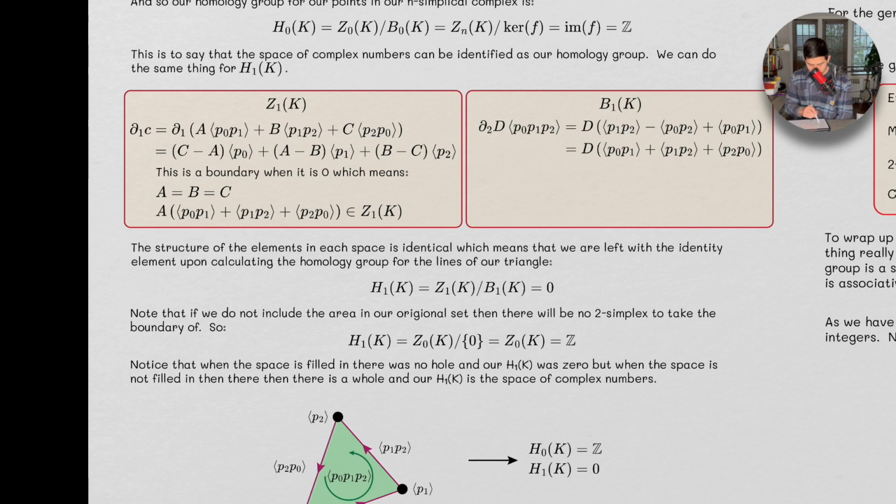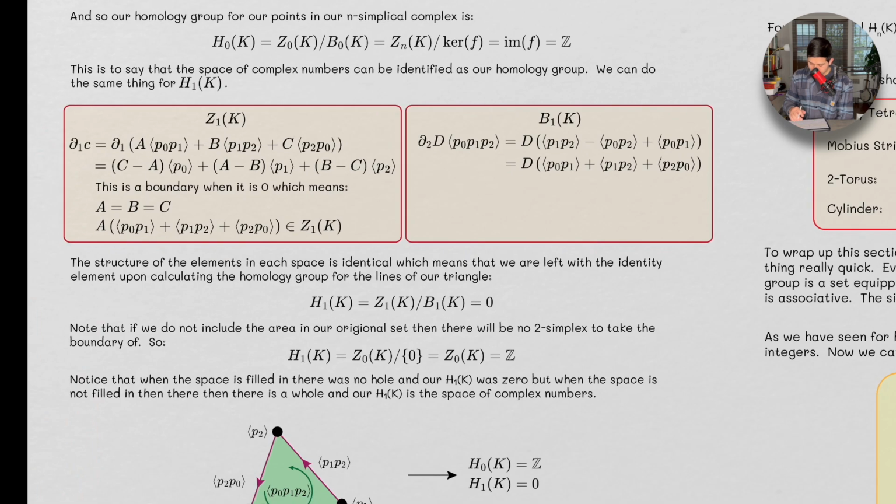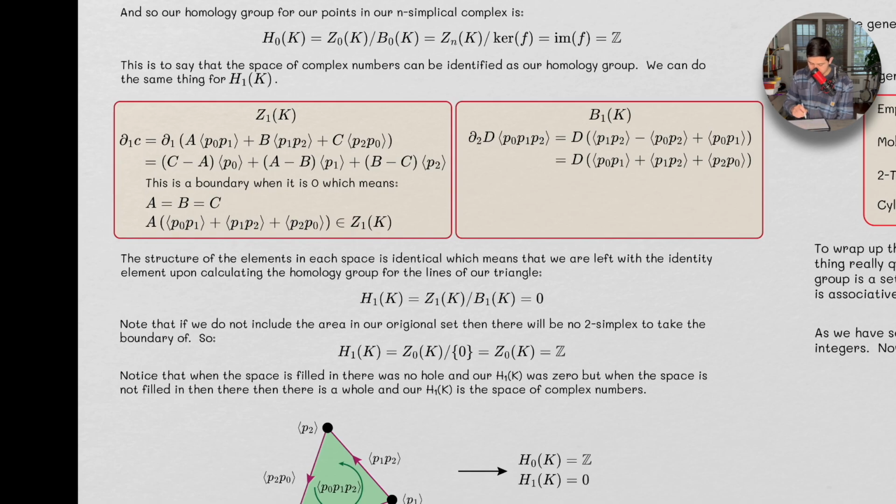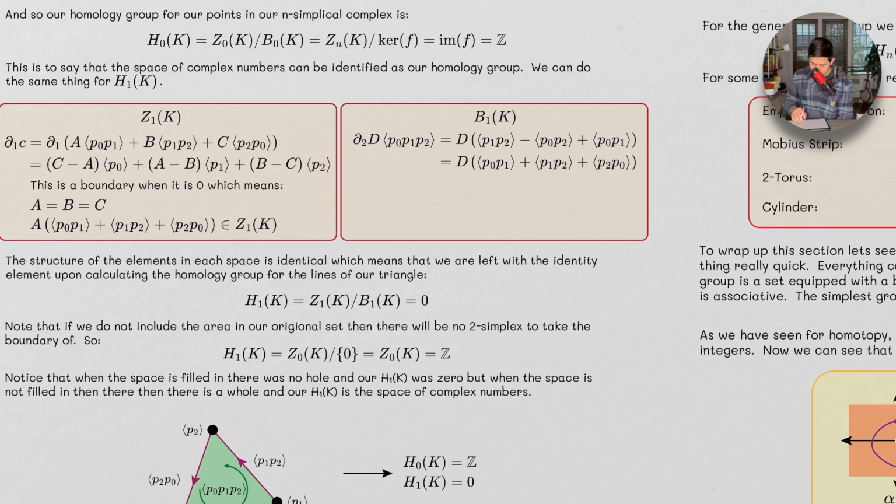And so we get that this object here is in Z1 of K. Because A equals B equals C, we don't need these coefficients. They're all just the same thing, so we just set them all to 1. We could do that.